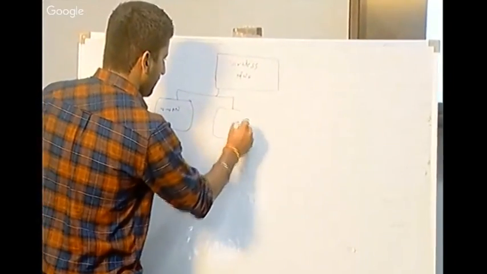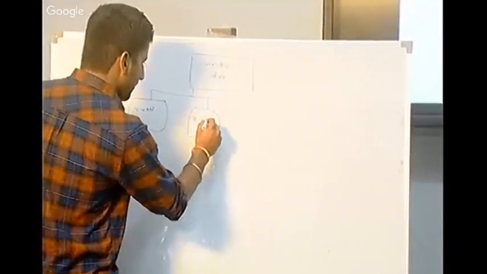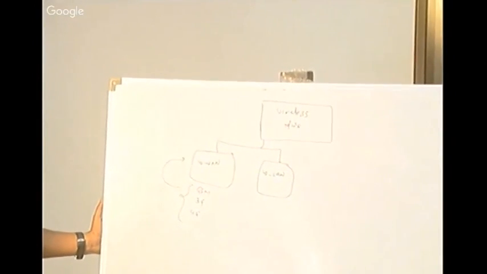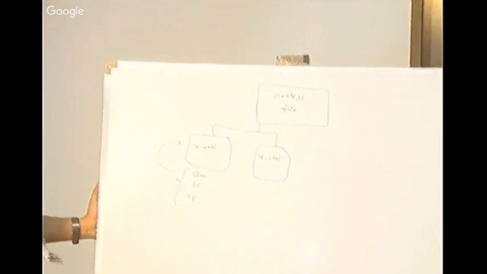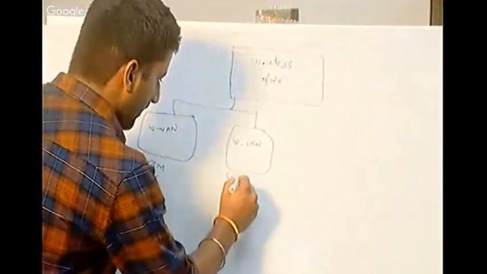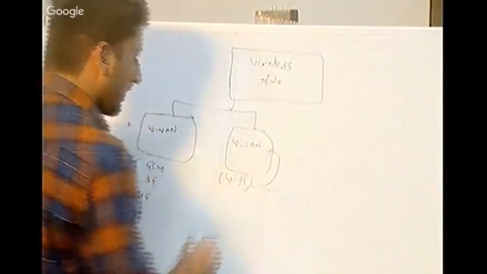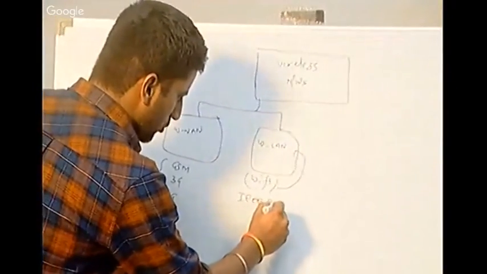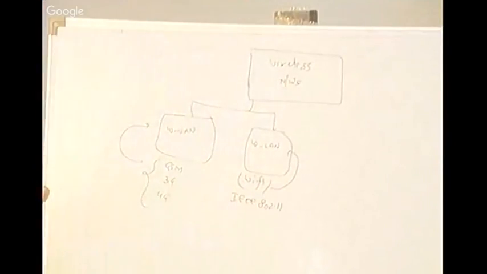And then we have WLAN, that is wireless local area networks. Your desktops connect with the routers. Wi-Fi is one of the important examples that comes under this category, and the most famous IEEE standard it follows is 802.11.